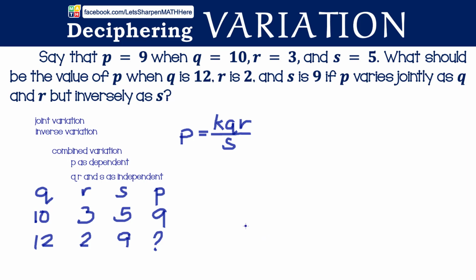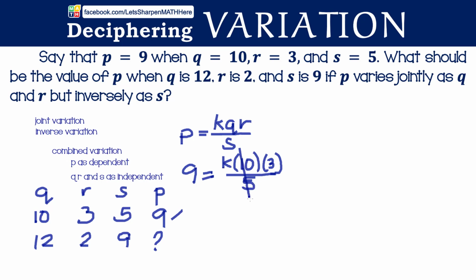So we have these values now. Let's start with the solution for K. So let's plug it in here. 9 is equal to, using these values here, K times Q, which is 10, times R, which is 3, over S, which is 5.